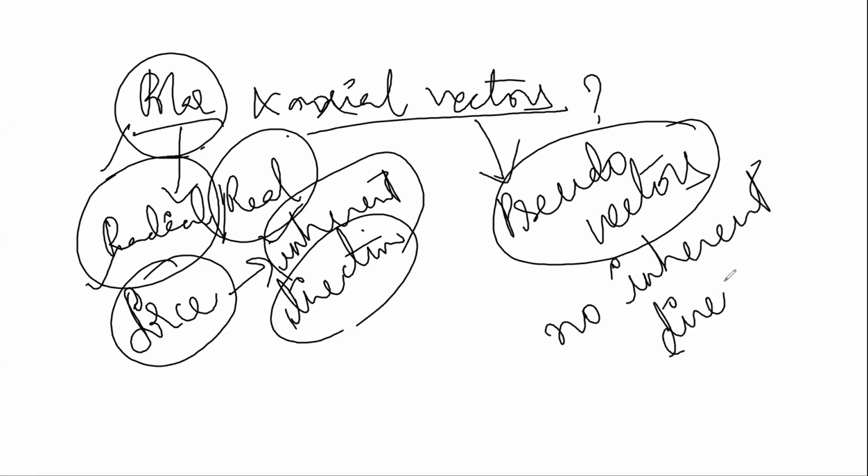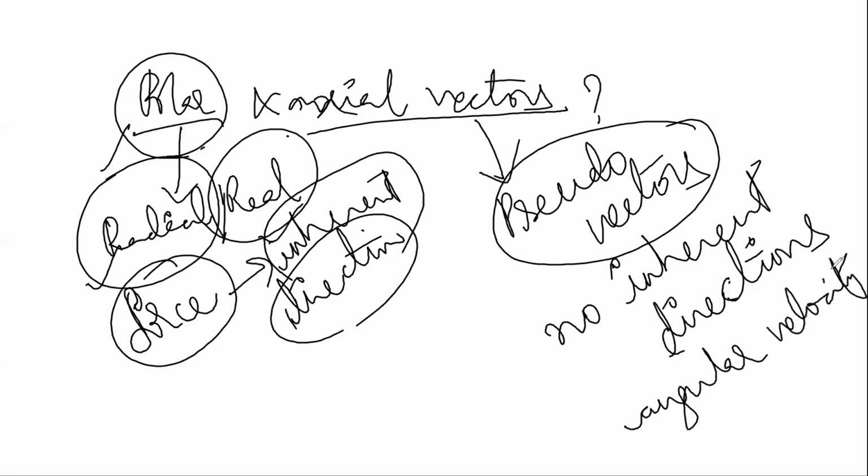But we assign them a direction, either by the left hand coordinate system or the right hand coordinate system, depending on the convention followed by us. For example, angular velocity, angular momentum, or torque.